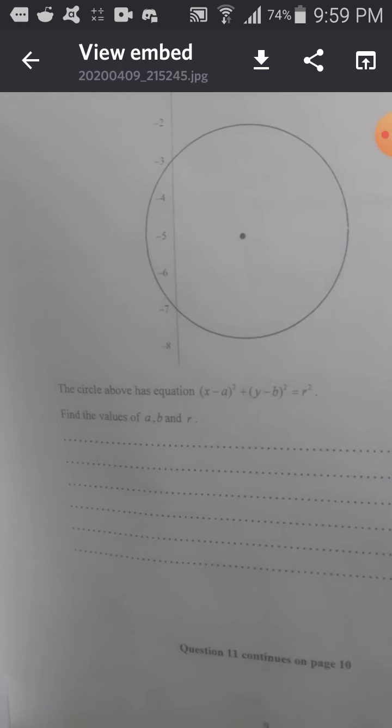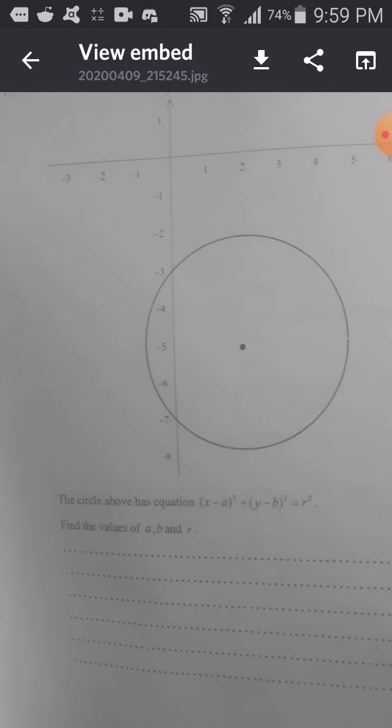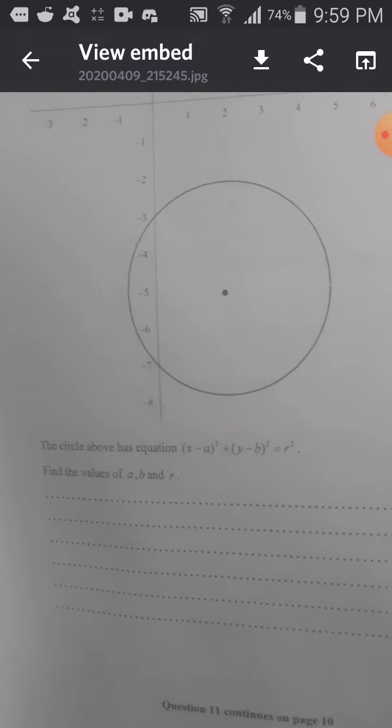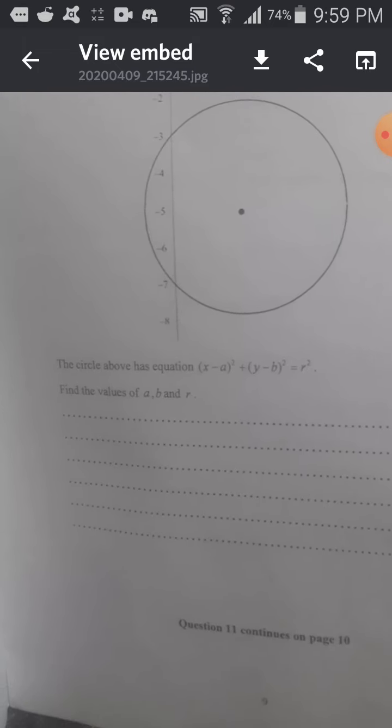As you can see, there's a minus a next to x and it becomes squared, and there's a minus b next to y and it also becomes squared. This is what shifts the circle from the origin, because the most basic formula always starts at the origin, always.